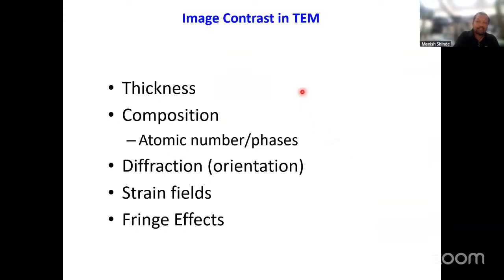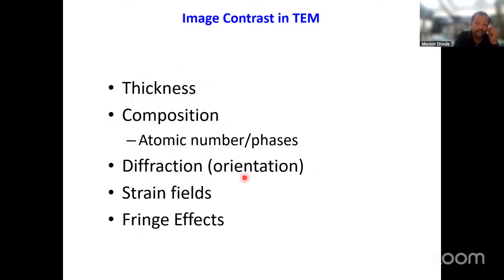But in SEM, I told you, you get atomic number contrast in backscatter electron imaging. But in TEM, along with that, you get more contrast features. One contrast can be because of the thickness. One can be composition, similar to the BSE mode in SEM. So compositional means atomic number contrast is there, but along with that, there is a thickness contrast also.